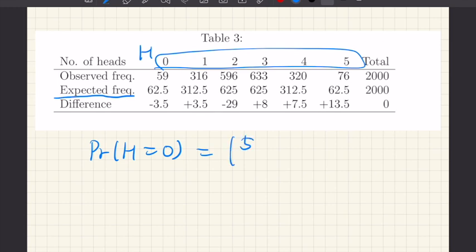So 5 choose 0, p to the power of, actually p is, well, anyway, and 1 minus p to the power of 5, where p is assumed to be fair. Okay, so it's 1/2 exactly. And similarly for h equal to 1, we replace 0 with 1 and so on. So this is how we can calculate the theoretical value.